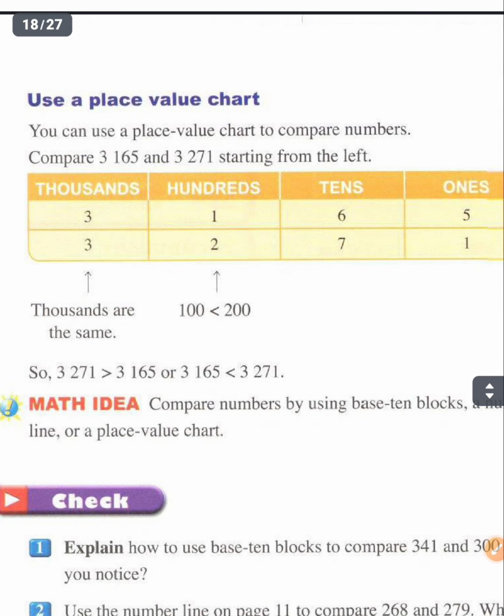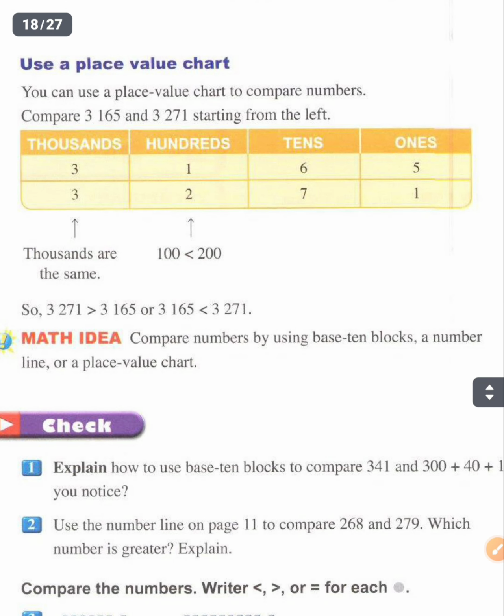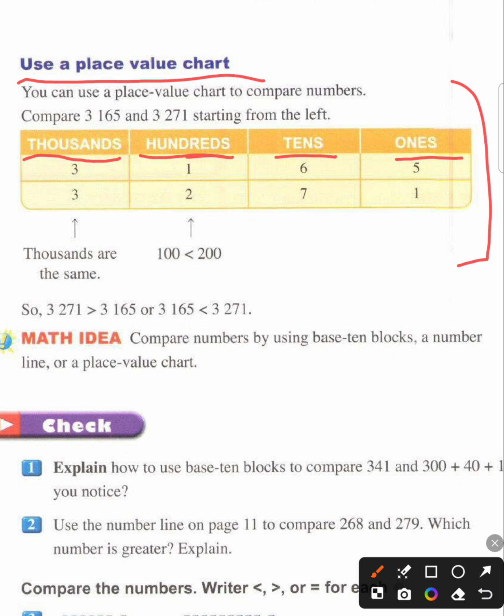The last possibility to compare numbers is to use a place value chart. Here we have a place value chart. It means we write in the table thousands, hundreds, tens and ones. Now you must compare these numbers.